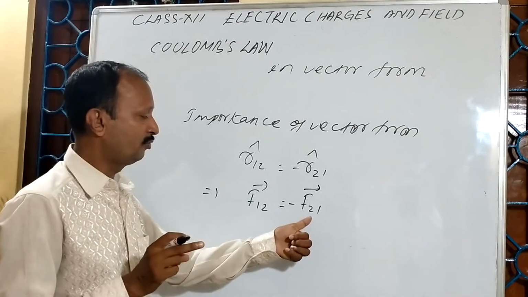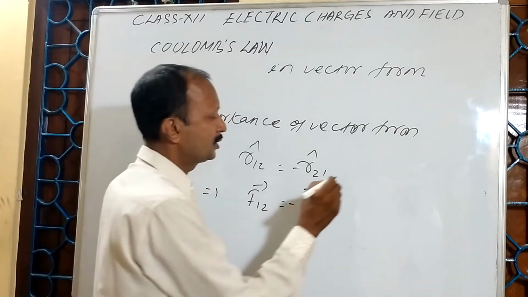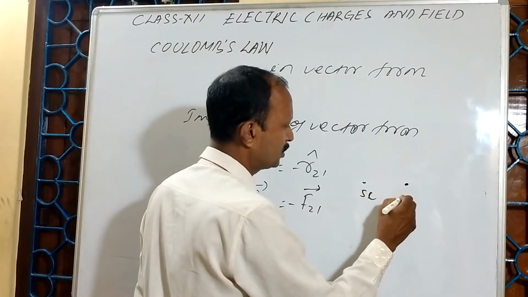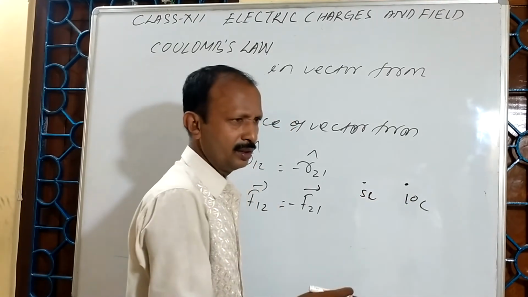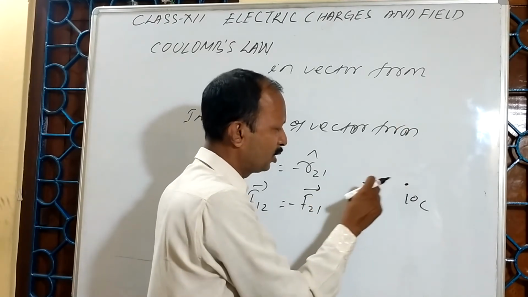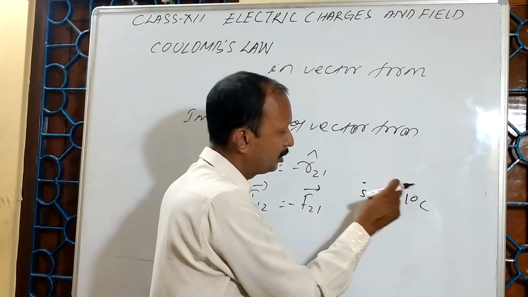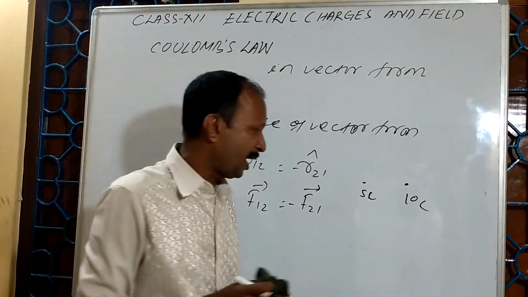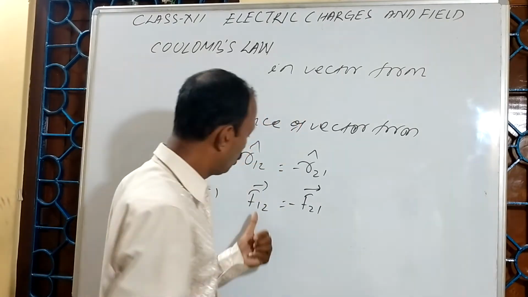Equal and opposite forces, both forces are acting. See that these two charges, suppose this is the 5 Coulomb charge, this is the 10 Coulomb. No matter how much force is acting on it by this one, the same force is applied on this one by it also. So how much charge does not matter, both apply equal force.